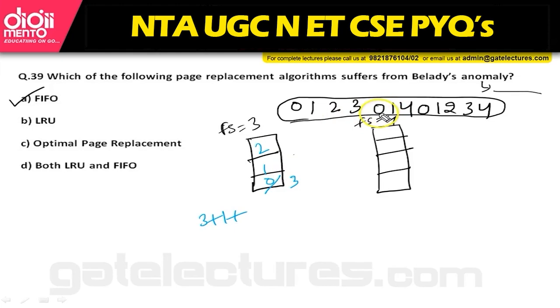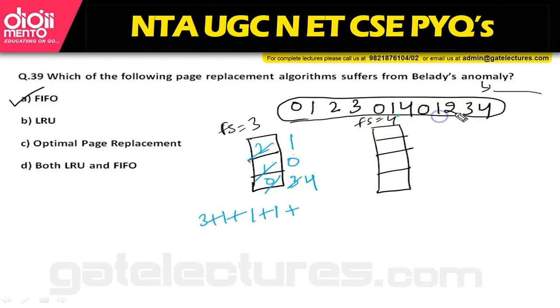Now which one will be removed? It is FIFO, first in first out, so this one was the oldest. This one will be replaced with 0. So that's 5. Now they are referring to 1. Now this one will be removed. Now 4. Which one will be removed? Obviously this one.